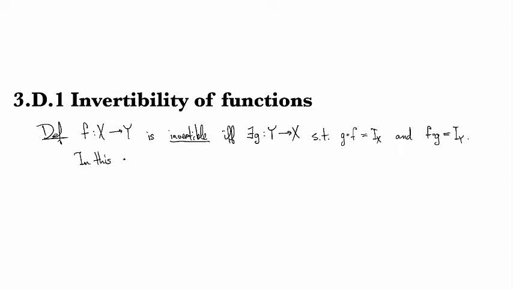In this case, we say that g is the inverse of f, and we write it as f to the minus 1 power.